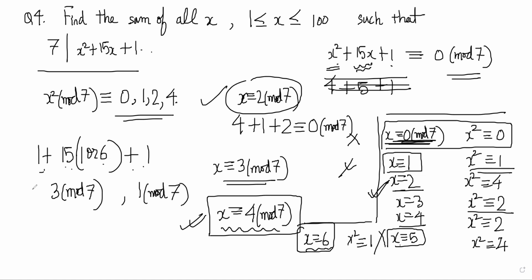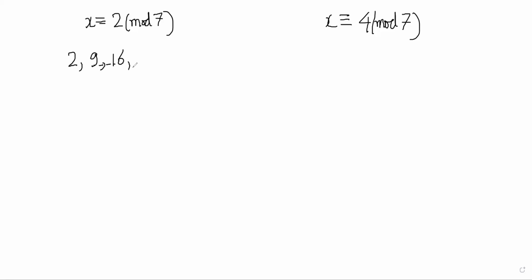Once you know that, you just have to find the sum of such numbers from 1 to 100, right? So these numbers start from 2 and go on, 2, 9, 16, till 100. The sum of these numbers: it is 7 into 0 plus 2, and here it is 7 into 14 plus 2.